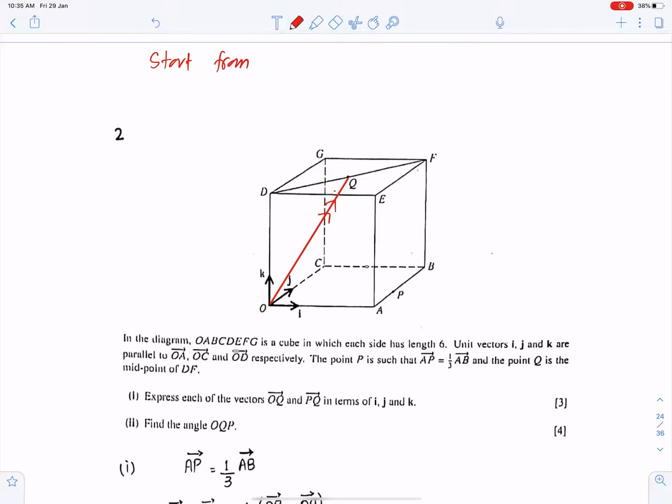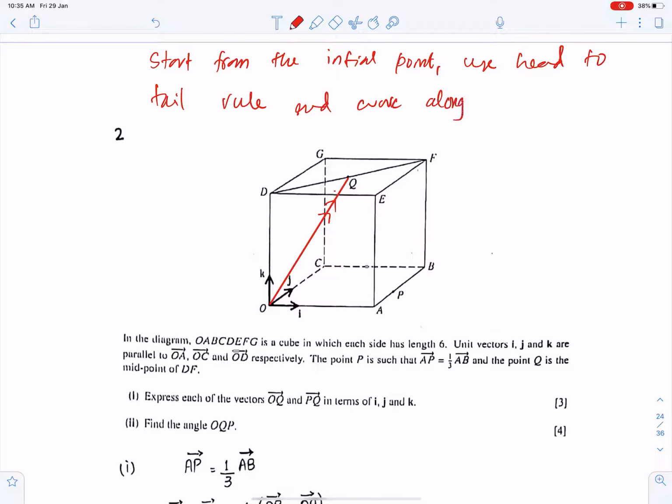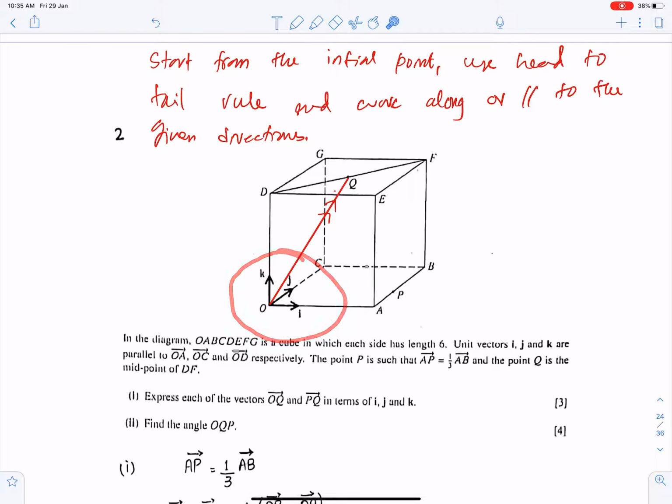Start from the initial point, use head to tail rule, and work along or parallel to the given directions. Given direction means the directions of I, J, and K. This means the given directions.